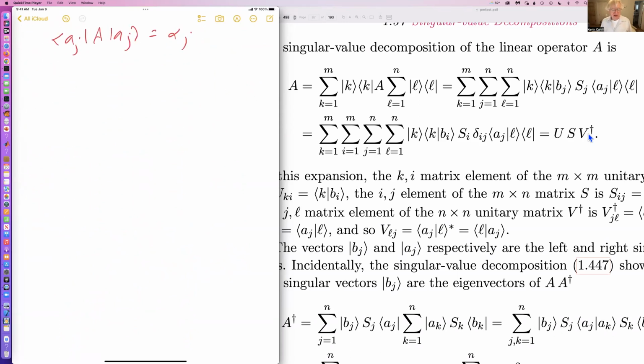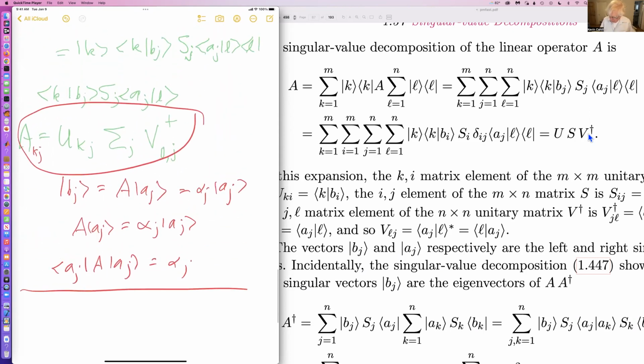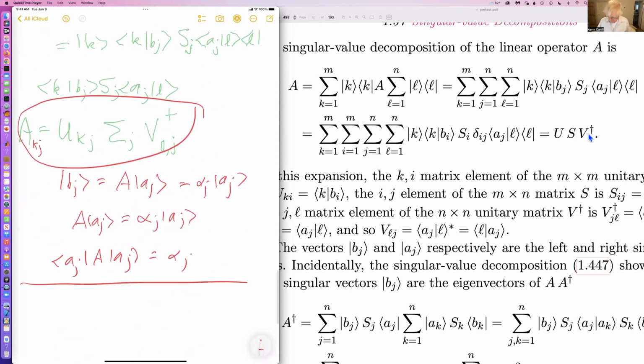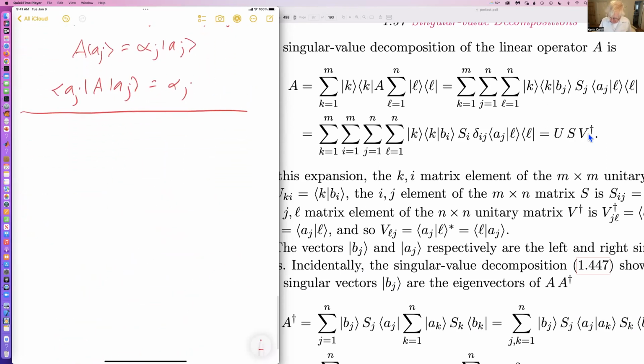I think I'm actually going to go a little bit off what I originally intended as the script. Namely, suppose A is equal to A dagger. Then we might have A on A_j. Well, let me call that alpha_j, since I didn't have a formula for it before.